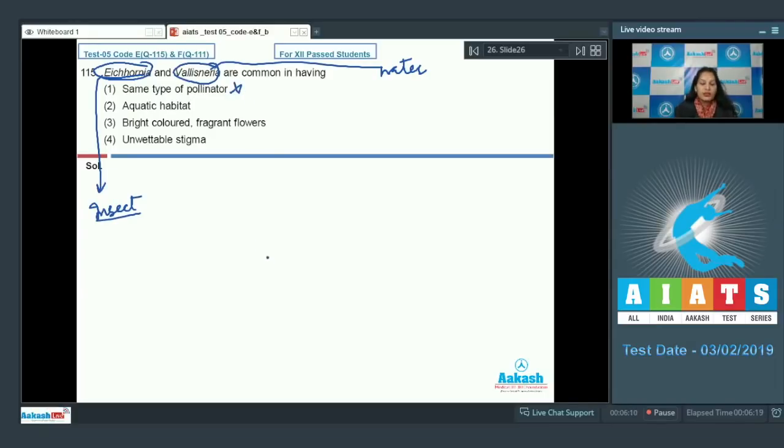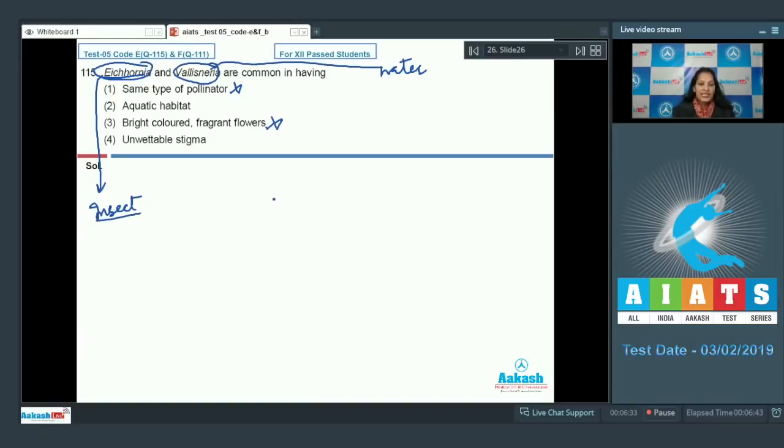So this option is ruled out. Third, in having bright colored fragrant flowers. No. In hydrophily, bright colored fragrant flowers are not required at all, but in case of insect pollinated plants, yes, it is required. So it cannot be common in both the plants. So this option is ruled out.